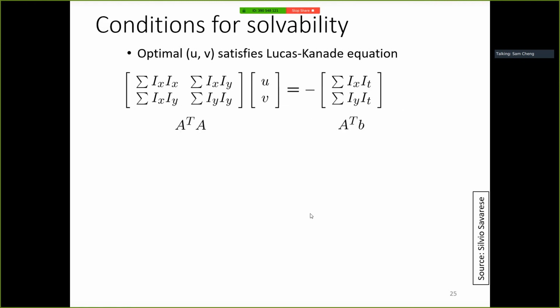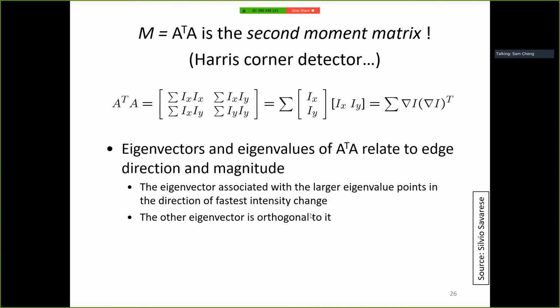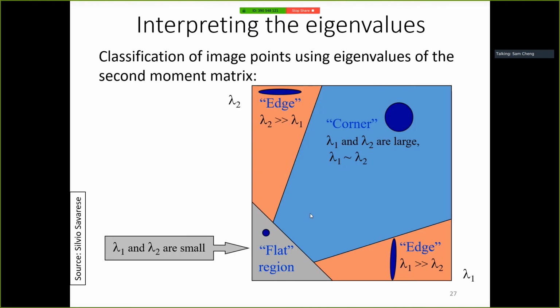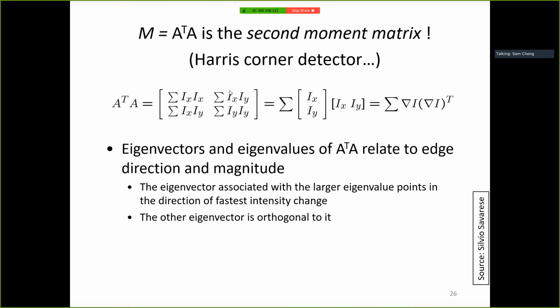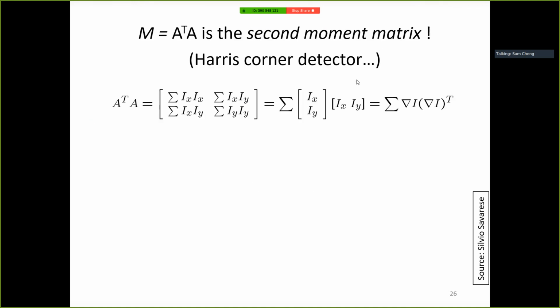Anyway, this is the Lucas-Kanade method. We just compute this M matrix just like in the corner detector for every pixel, and of course you compute this A transpose B for every pixel, and then you just take the inverse for that guy.